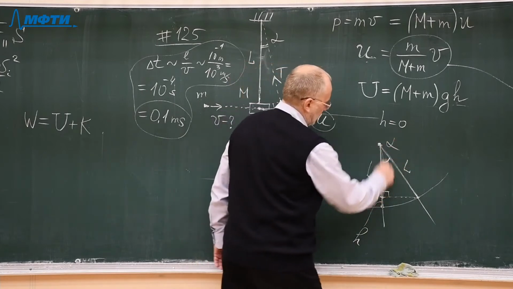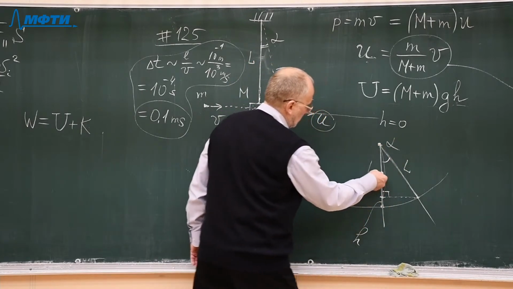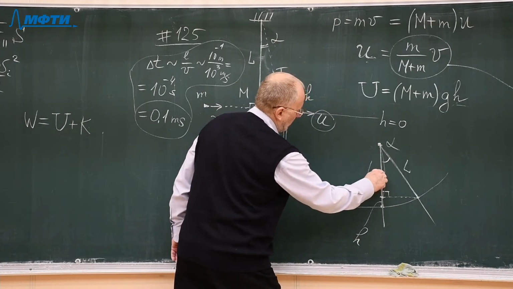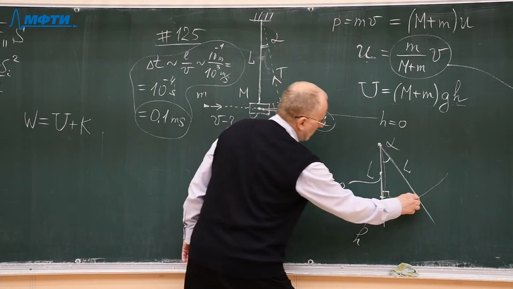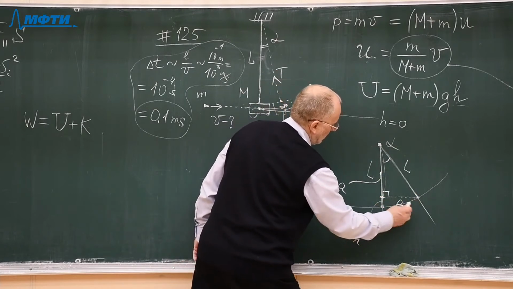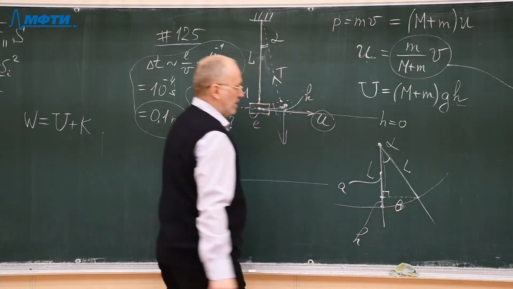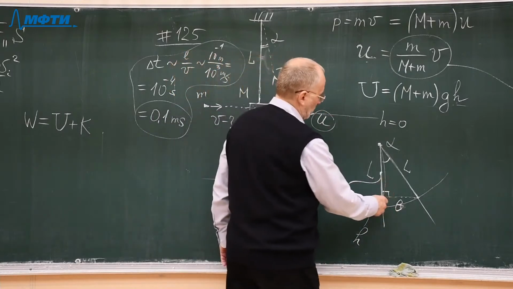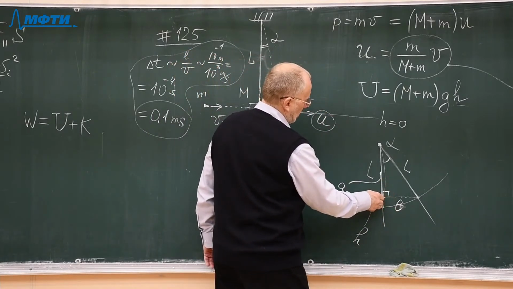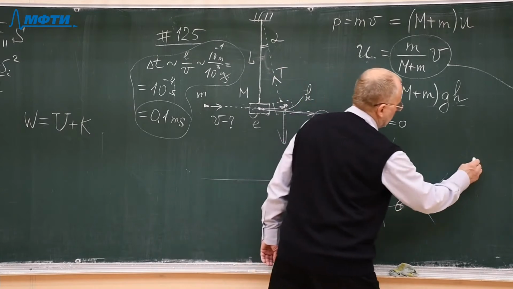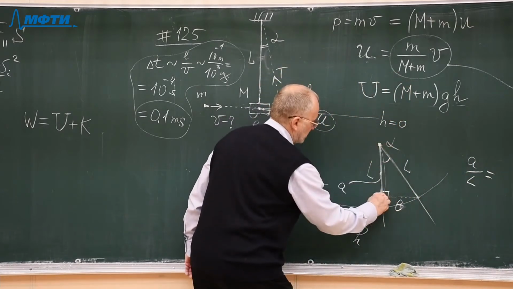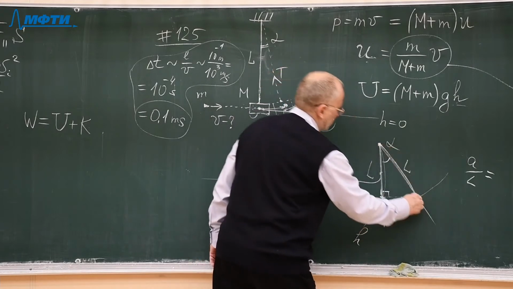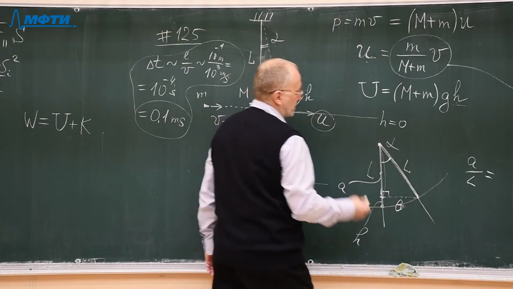Let's denote it as A, and another leg may be B. Then we know that A divided by L, the adjacent leg divided by L, is cosine alpha.